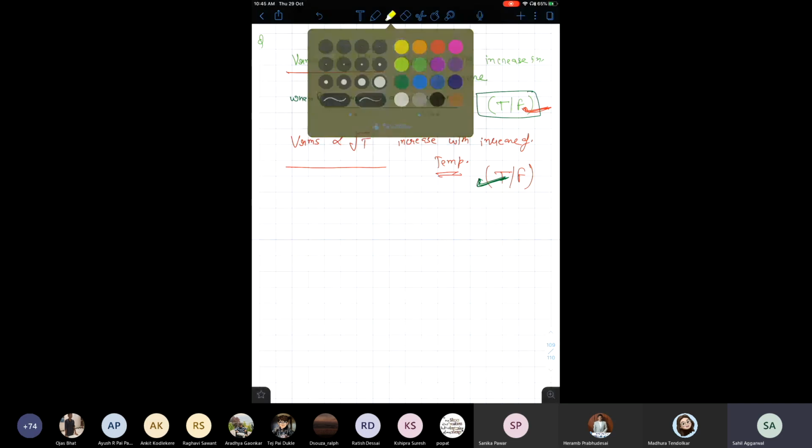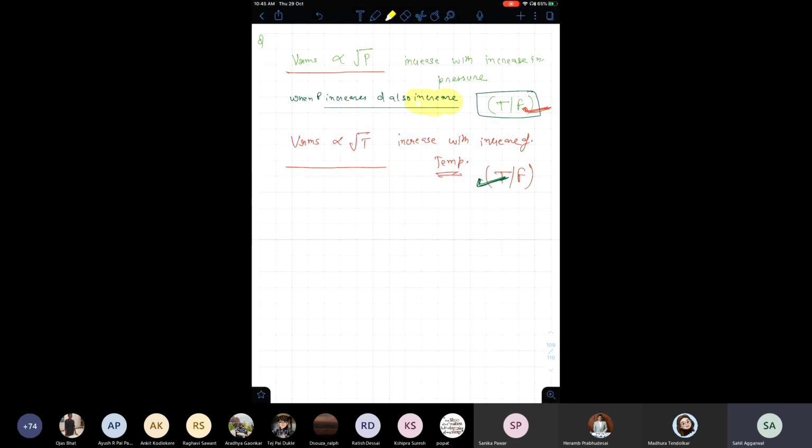So you may think after reading the equation कि VRMS velocity जो है वो pressure के directly proportional होगी, but ऐसा नहीं होता है. When your pressure increases, your density also increases. When both of them increase, net change is zero.